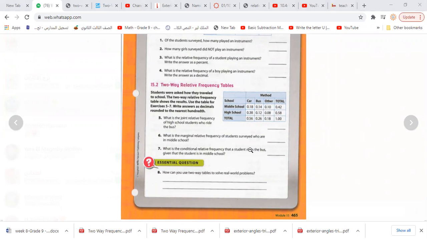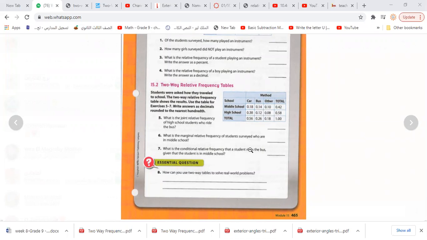It will intersect between bus and middle school. Bus and middle school, 0.14, right?